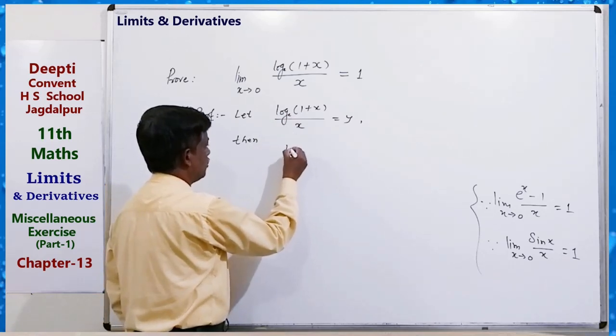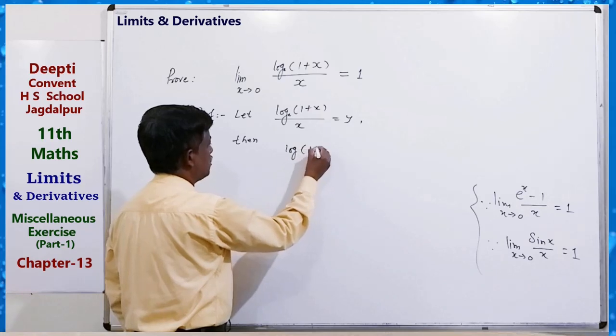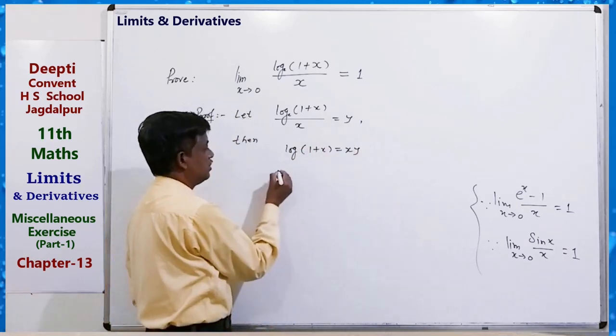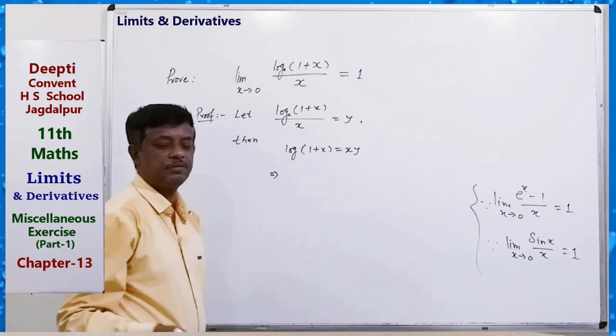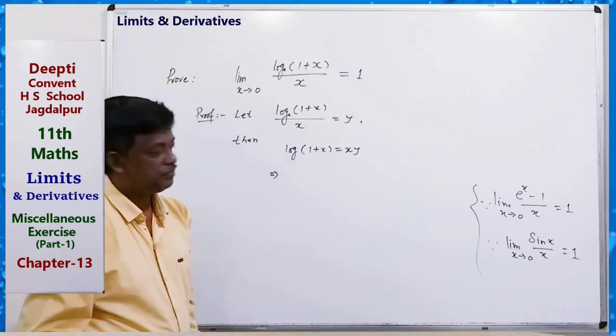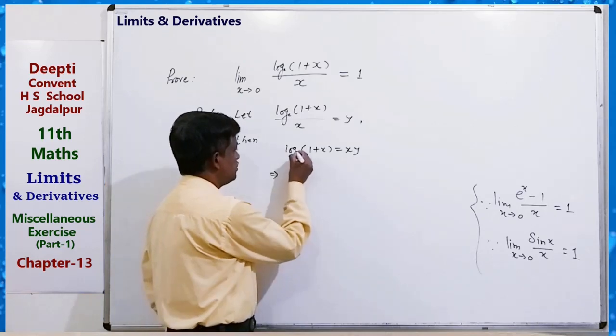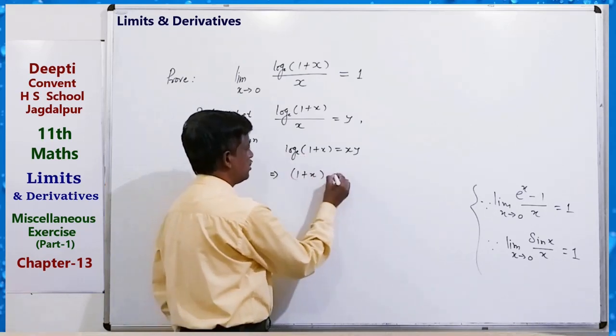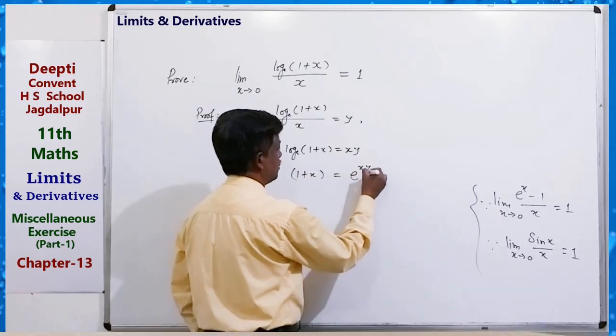Then log(1 plus x) equals xy, we can write, just multiply here. Now as the definition of logarithm, we know that if this is base e, then 1 plus x equals e to the power xy.